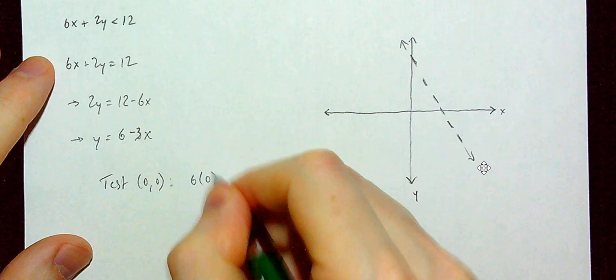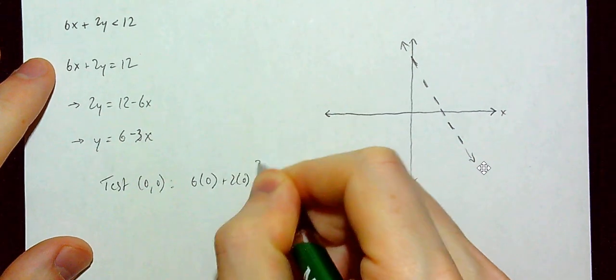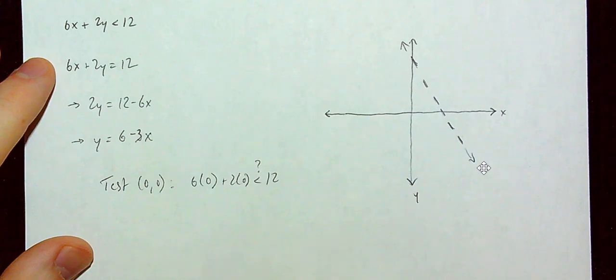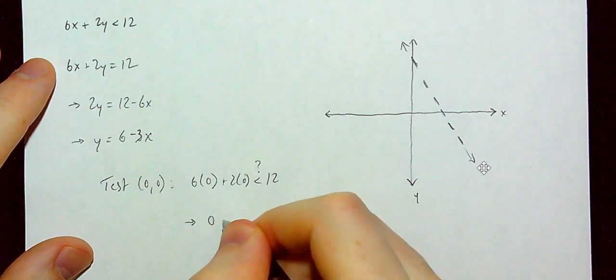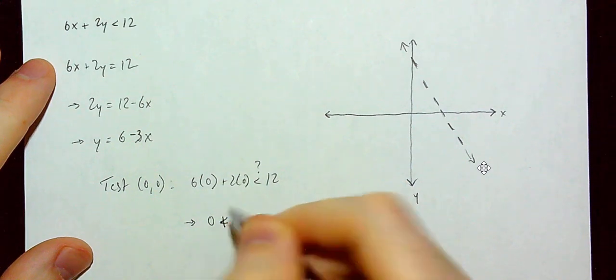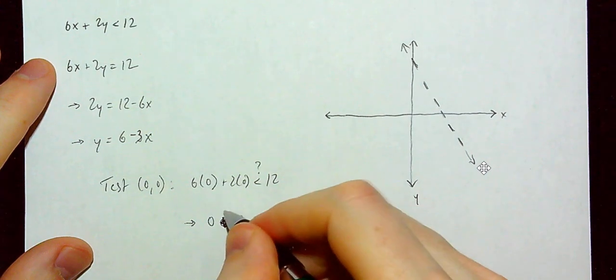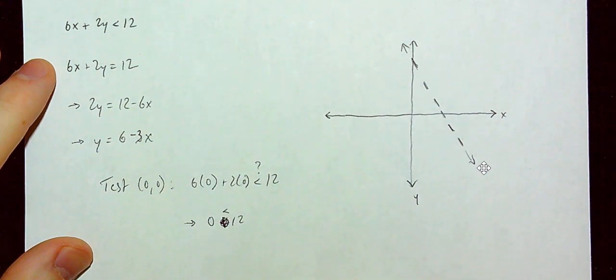So I have 6 times 0 plus 2 times 0, and I want to know, is this less than 12? Well, 0, last time I checked, is indeed less than 12.